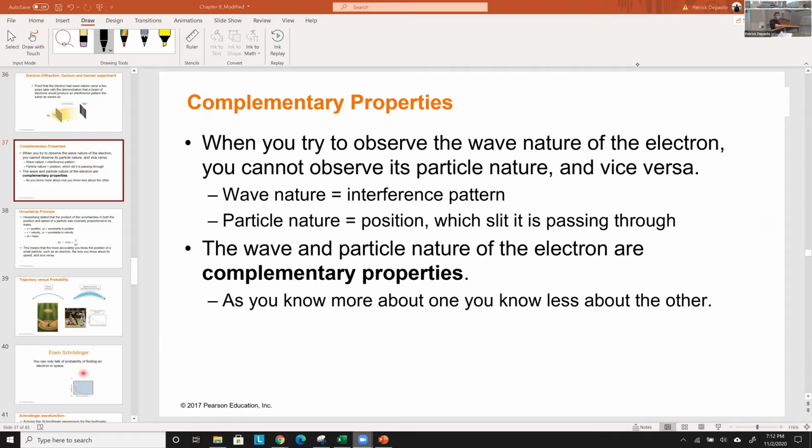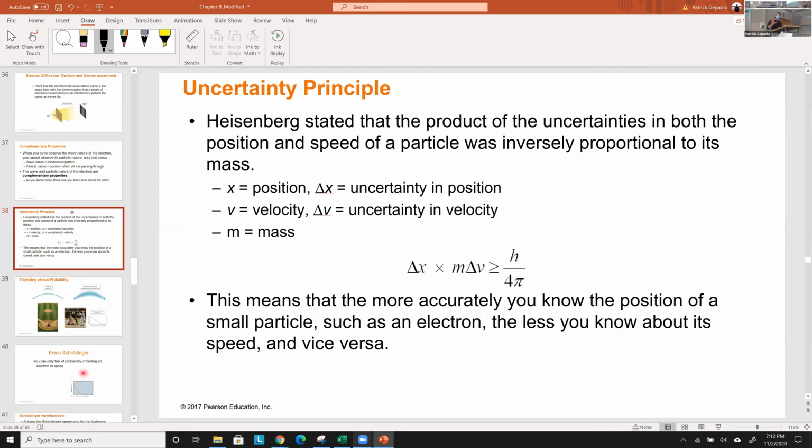So what he came up with was the uncertainty principle, which I don't think you're going to be using this equation, maybe on the homework 1 or 2 times, but basically he said there are uncertainties in both position and speed, and they're inversely proportional to the mass. That makes sense because if you have a larger mass, it's going to be slower. So it's going to be inversely proportional. So he came up with that.